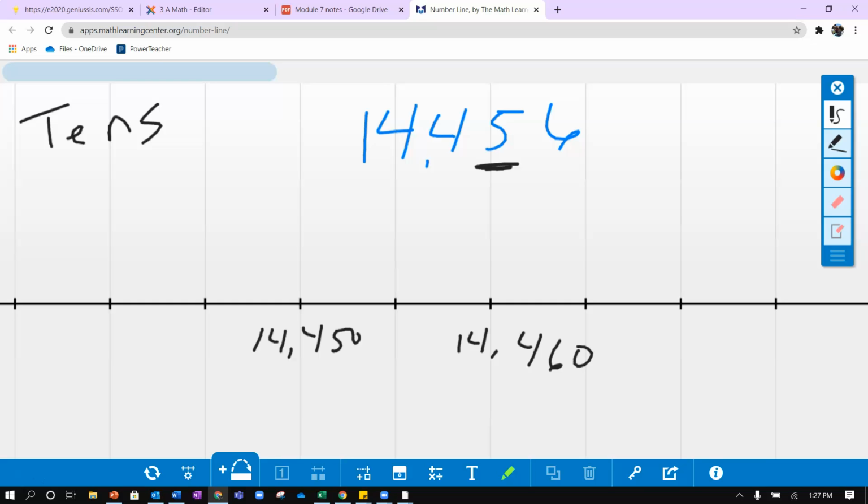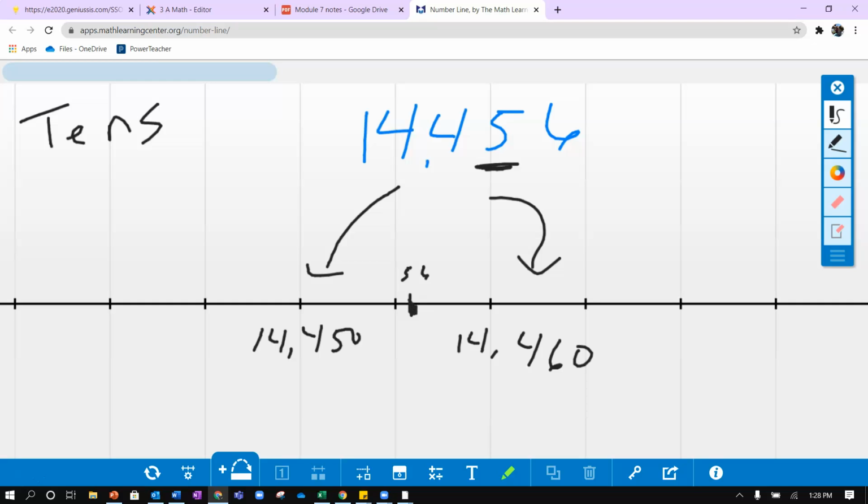So we've identified the two choices we have to round this number by 10. We could round down or we could round up. What we're trying to do is figure out where 56 lies in between those two choices. Visually, you could see that the 56 would be right about here.